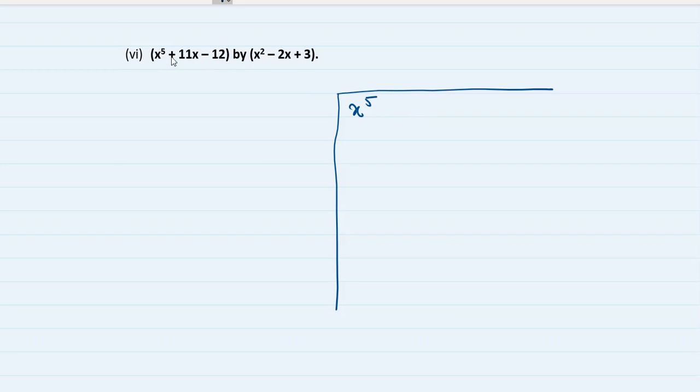So if this is the case, if the degree of the first term is 5 and the degree of the next term is 1, you do one thing, you write it as 0x raised to 4 plus 0x cube plus 0x square plus 11x minus 12. Okay, so the divisor will be x square minus 2x plus 3.